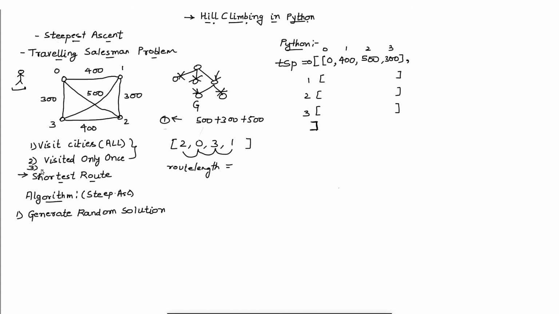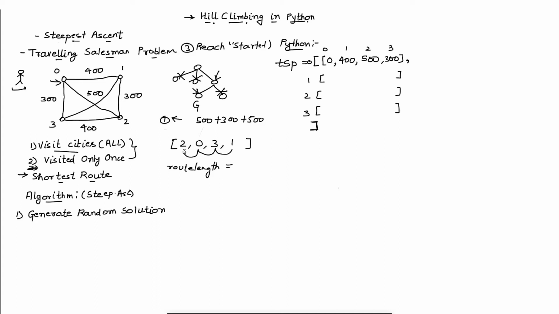The third one is that if the salesman starts from, let's say, city number 0, he will have to visit all the cities, and every city will be visited once, but the salesman will have to return to the same city from which he left. So I'm going to write the third constraint here: the salesman will have to reach the city from where he started.